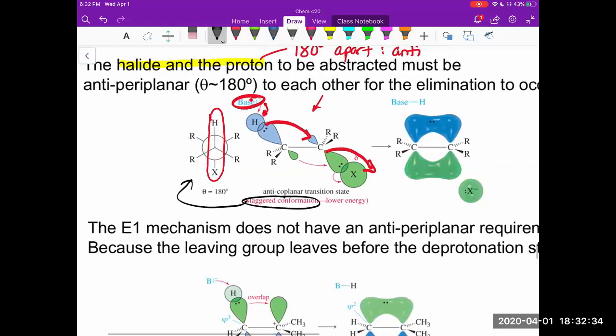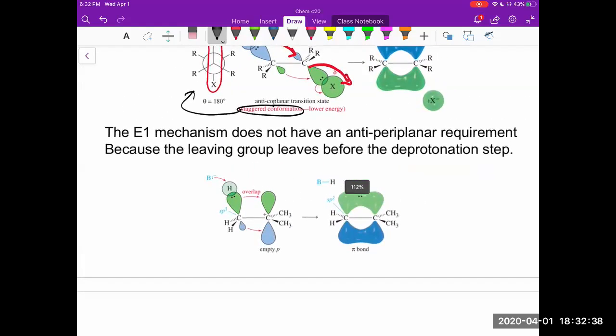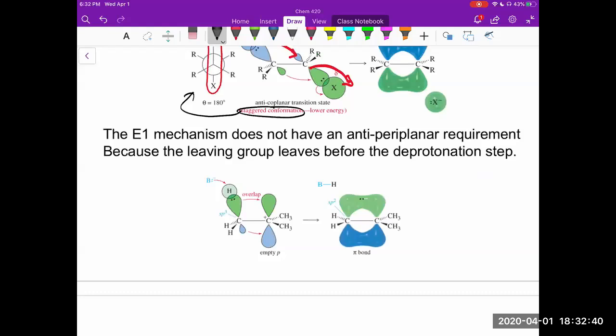So Professor, if they're not 180, then it's not going to happen, right? If they can't rotate and get to 180, then it's not going to happen. That's exactly right. Okay, thank you. Yeah. So let's do an example.